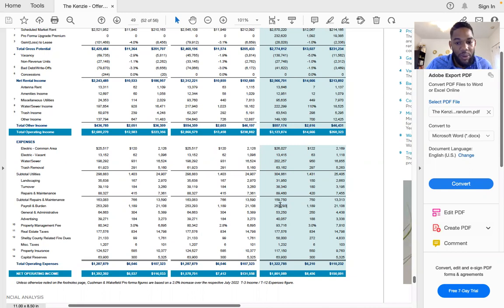So sometimes we would look at OMs, guys, and this actual payroll number would be lower on the pro forma. And Charles usually would point that out and say that's not really a good practice, because what do you think is going to happen if you buy a property and you lower payroll?